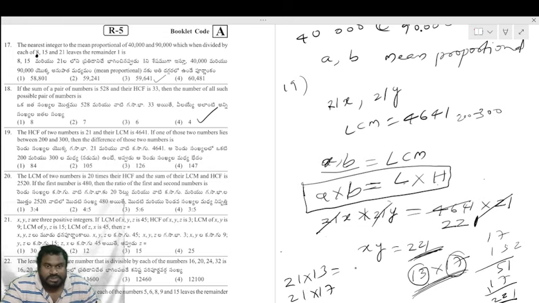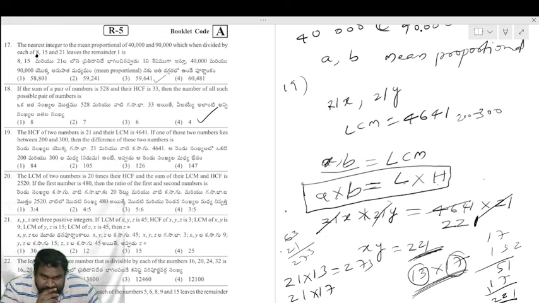21 into 13, how much is it? 3 ones are 3, 3 twos are 6, again 21, 3 7 2, 273.